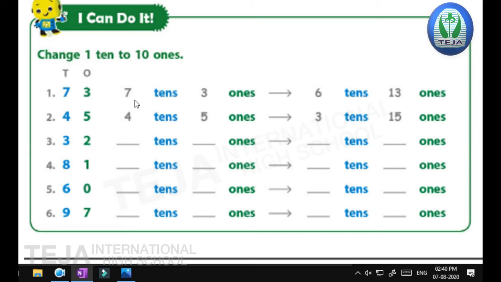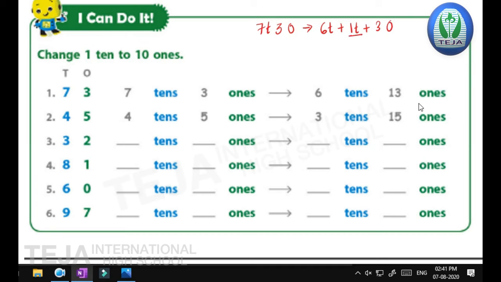Now we are splitting 7. We are separating 1 ten from it. So 7 minus 1 is 6, 6 tens. So this 1 ten, if we convert into ones, means how many ones, children? 10 ones. I'll write here 7 tens plus 3 ones equal to 6 tens plus 1 ten plus 3 ones.